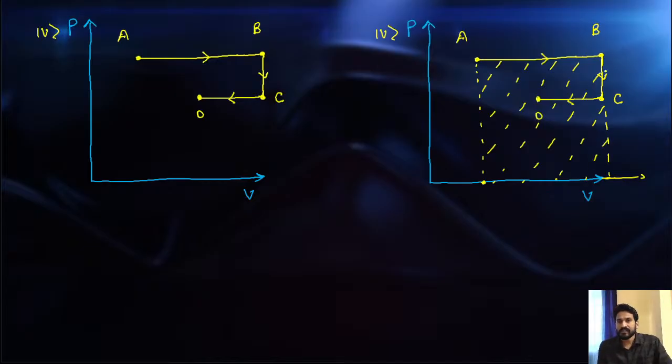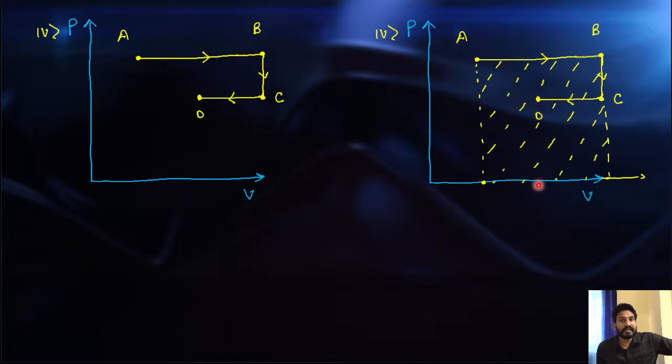Now just understand the process B and C. If you pay attention here, from B to C there is a constant volume. From B to C the volume is not going to change. It means in the process B to C my volume change is 0. Now from C to D, this is the volume at C and this is the volume at D. It means volume is decreasing.